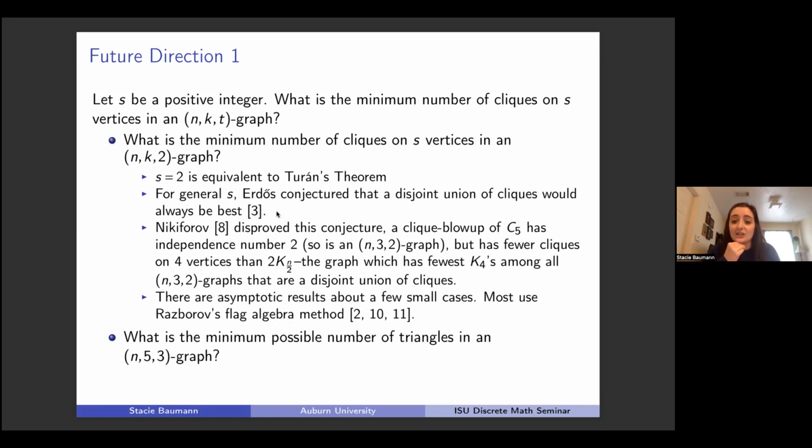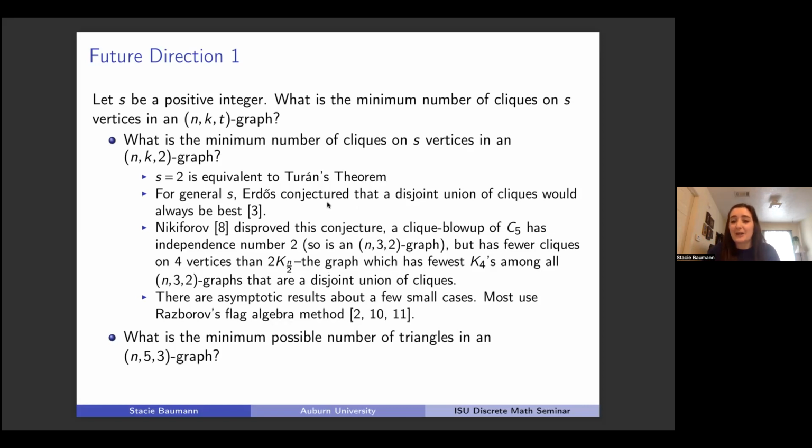Erdős actually conjectured that a disjoint union of cliques would be best, back in, I think, the 60s. And then Nikiforov disproved this conjecture, and he showed that a clique blowup of C5 has independence number 2. So it's an N-3-2 graph, but it has fewer cliques on 4 vertices than the disjoint union of cliques graph that has the minimum number of K4s.